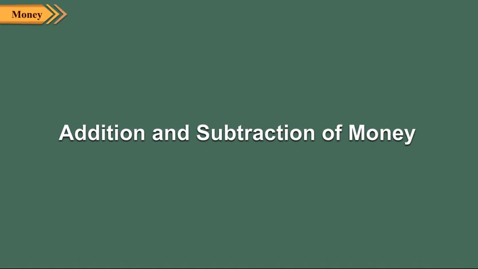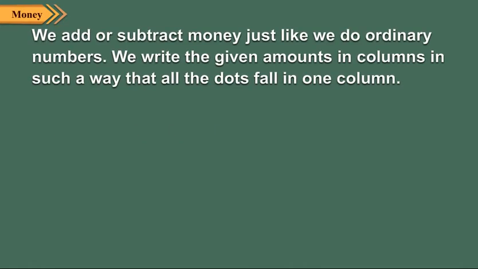Addition and subtraction of money. We add or subtract money just like we do other ordinary numbers. We write the given amounts in columns in such a way that all the dots fall in one column. Let us add rupees 41.50 and rupees 70.75.